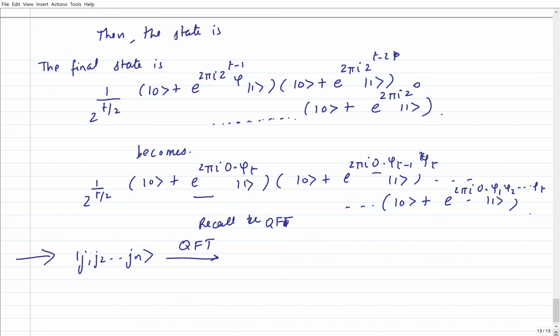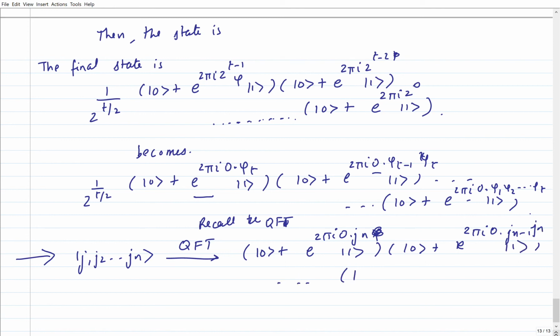The quantum Fourier transform is nothing but this, as we saw, and then the final qubit.